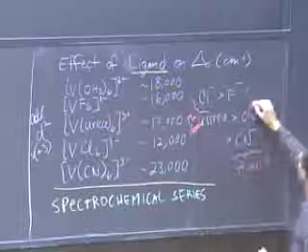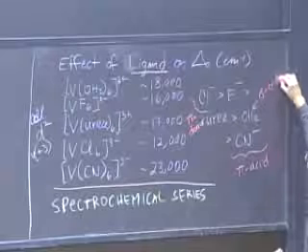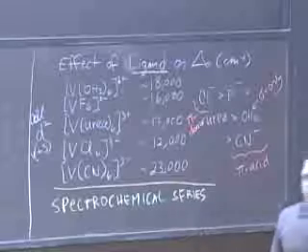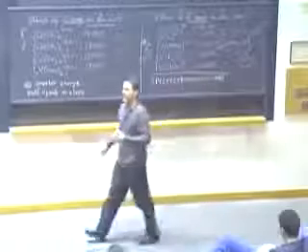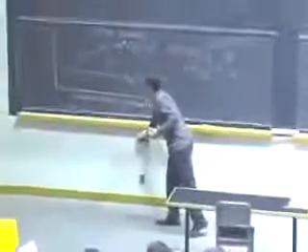And in the middle, you have systems like water, which is more or less sigma only. Okay, so we can understand where specific ligands appear in the spectrochemical series on the basis of their orbital considerations. And that will be the focus of the next part of the lecture.